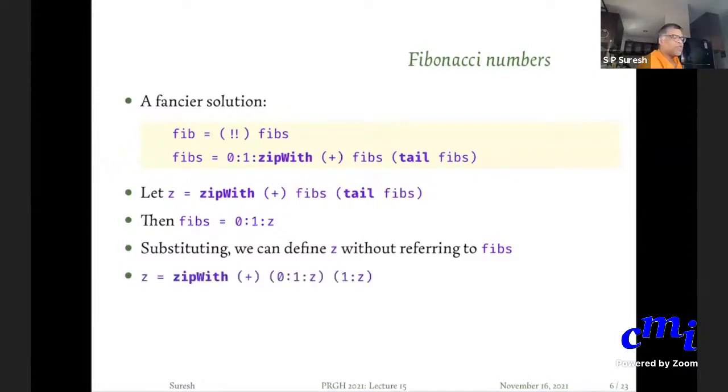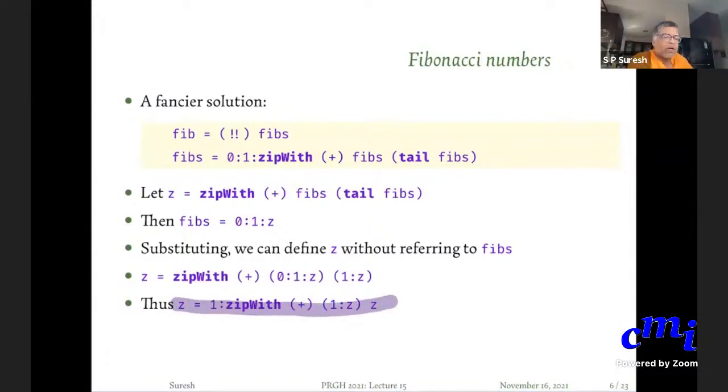So the definition of z is nothing but zipWith of plus of 0:1:z and 1:z. But the first value at least you can evaluate, and that is 1: zipWith of plus of 1:z and z. So therefore, z is this value. Is this clear? How I arrived at that?